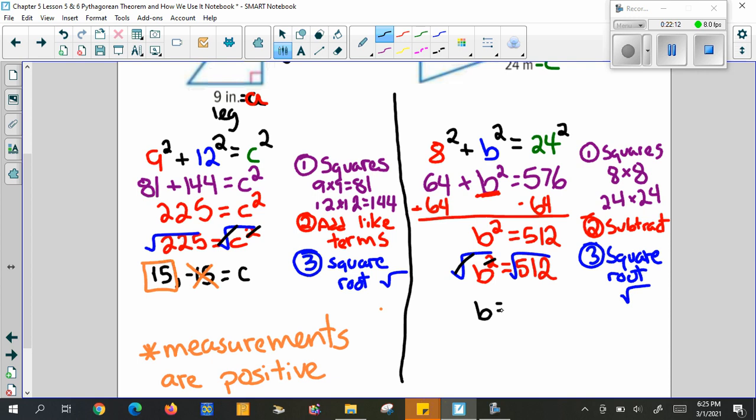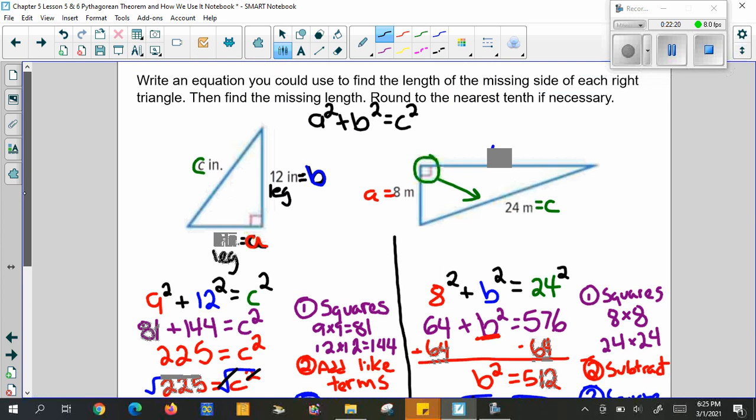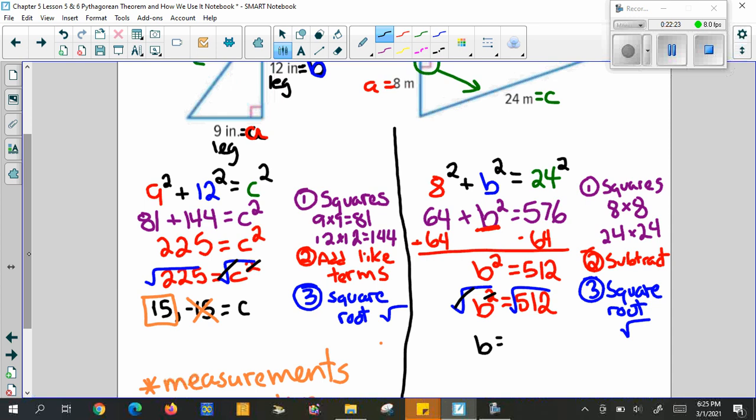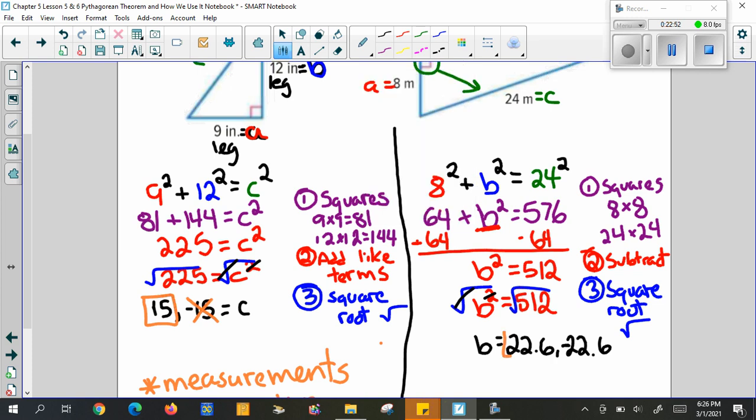And they asked us to round to the nearest 10th place, back up in the instructions. So for my answer, I'm going to do that. It says 22.62, so that means 22.6 is how I round it off. Remember, square root is two answers. For our purposes, to find a measurement, I need the positive answer.